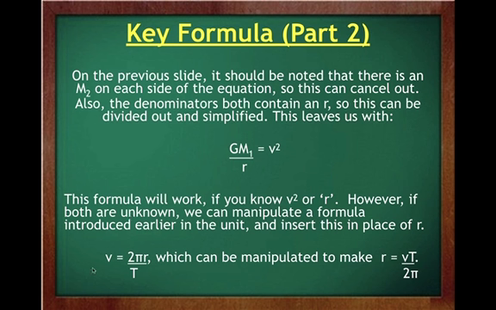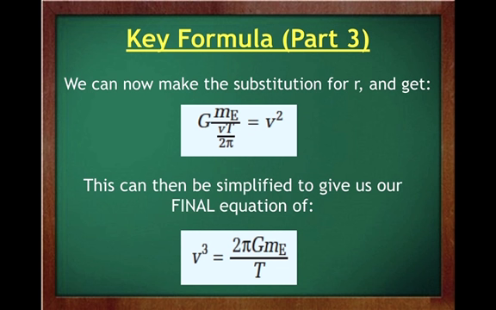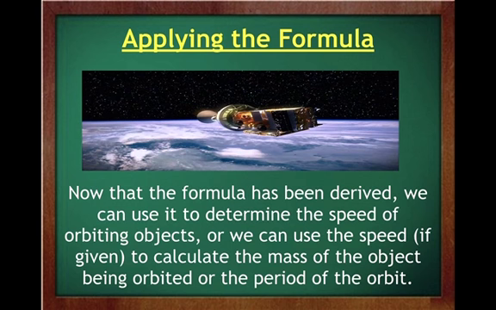You use that v is equal to 2 pi r over T, which gets rearranged to give you this for r, gets substituted back into here, giving you the following, which then gets nicely rearranged to your v cubed is equal to 2 pi G mE over T. Again, that mE is assuming that something is orbiting around the Earth, right? Because the mass used in this formula is the one that is of the center object, the thing we're orbiting around, okay? All right, so once we have the formula, we're allowed to solve problems with it, okay?